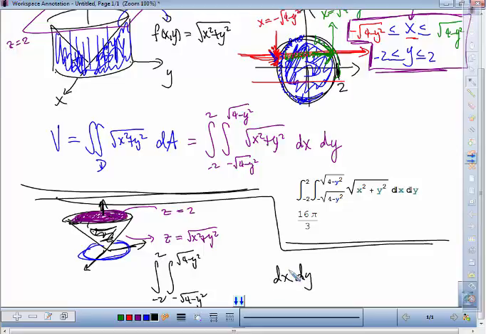So you have z is equal to 2 as a top surface, and then you have z is equal to the square root of x squared plus y squared as the bottom surface.